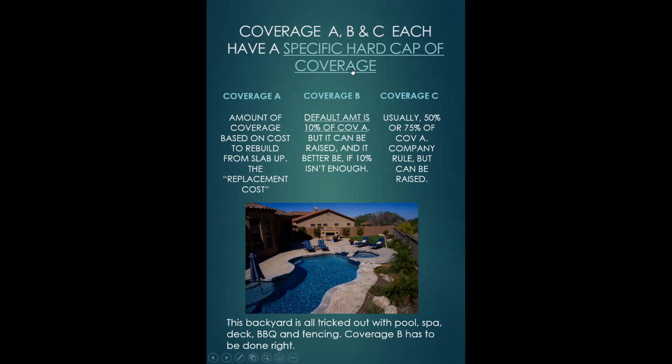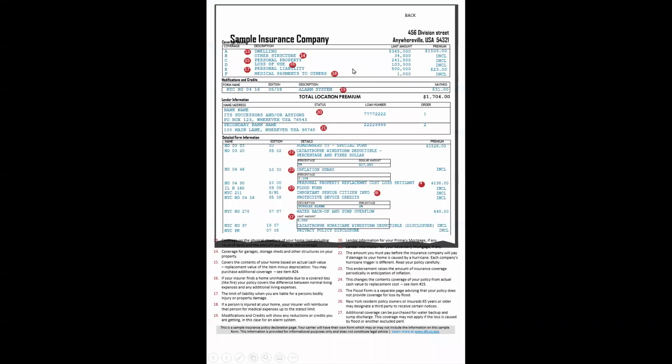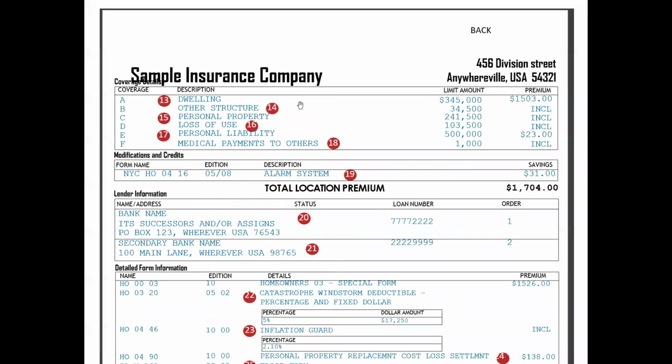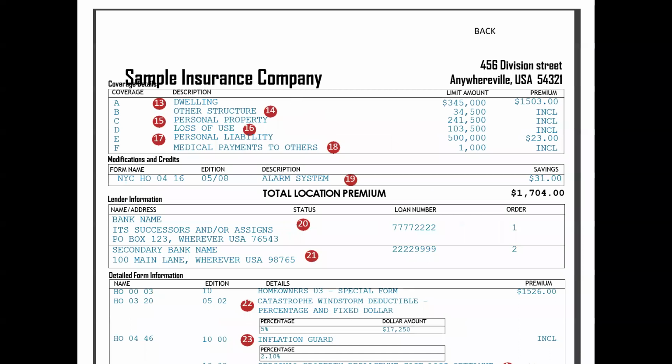It's going to jump here to the next slide, which is a copy of the declarations page that we study in a little bit closer in Unit 4. A declaration page shows how much insurance you have. Coverage A, the dwelling, $345,000. Coverage B, other structures. And notice it's the default 10% value.